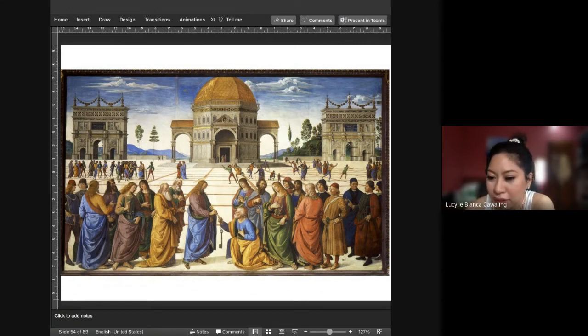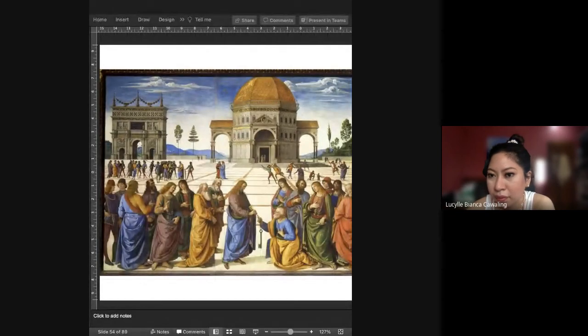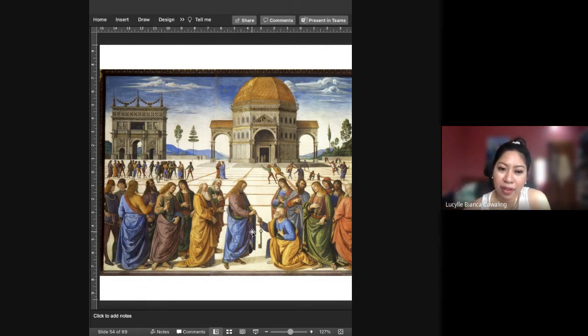Scale, what did Patrick say? Scale is the size of the man versus the bear. No, scale is, how do I put it? Look at this painting again. Scale is the size. Proportion is when you compare the man versus the bear.